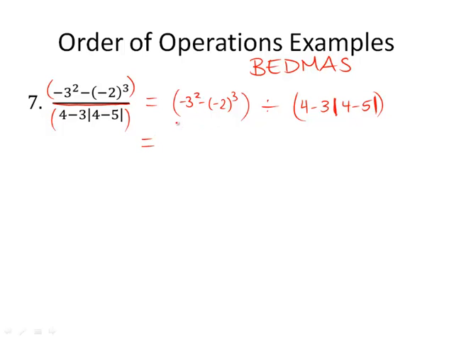So within the top, we've got negative 3 squared. It doesn't have a bracket this time, so that means negative 3 squared is negative 3 times 3, giving us negative 9. So that's a negative 9 minus, we're still on exponents. Let's finish these exponents. Negative 2 cubed is really, let's do that on the side here.